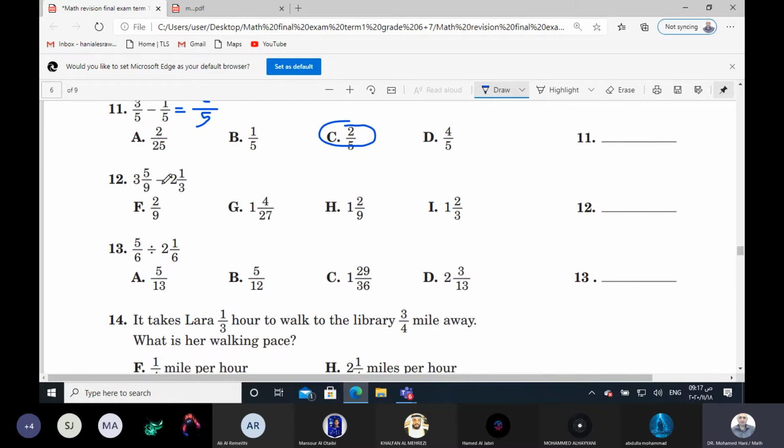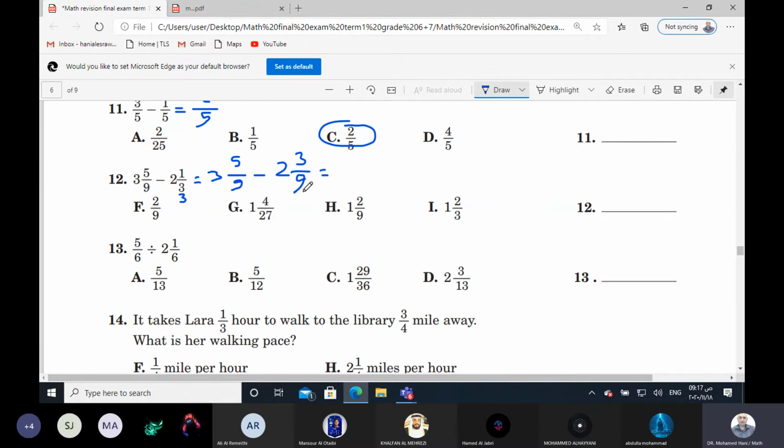Here we cannot subtract directly because we have different denominators. So find the LCD between 9 and 3. You can multiply here by 3 to make 3 equal 9. So we can write now 3 and 5 over 9 minus, here we have 2. 3 times 1 will be 3, and 3 times 3 will be 9.